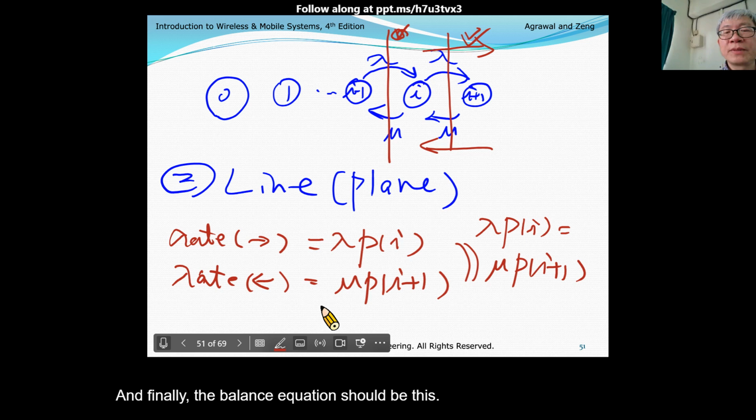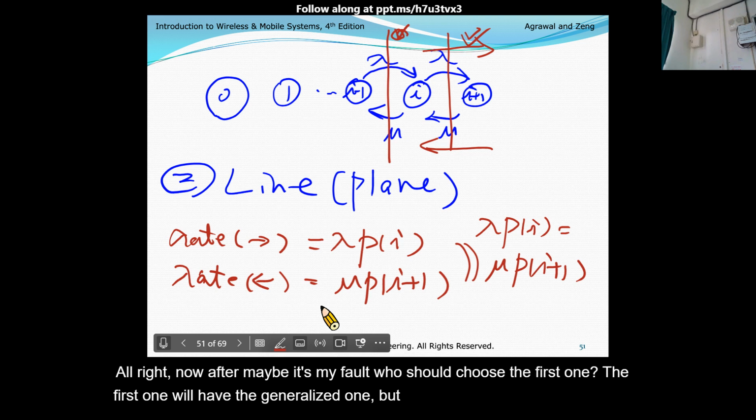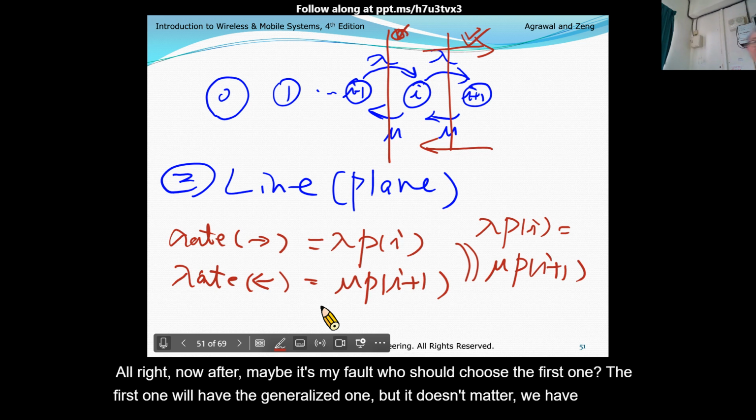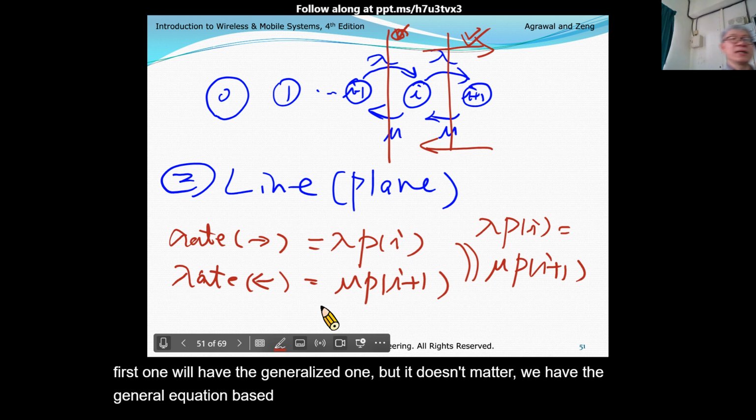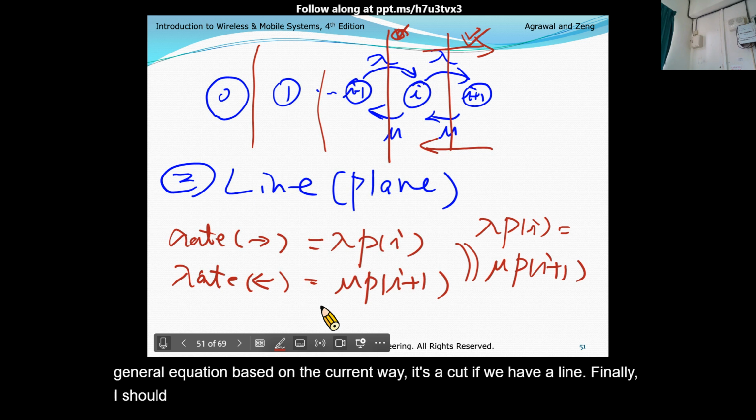All right. Actually, maybe it's my fault. We should choose the first one. The first one will have the generalized one, but it doesn't matter. We have the general equation based on the current way. It's a cut. If we have a line, finally I should ask, can the current one be generalized to the other cuts? Yes. You just try to change the index.